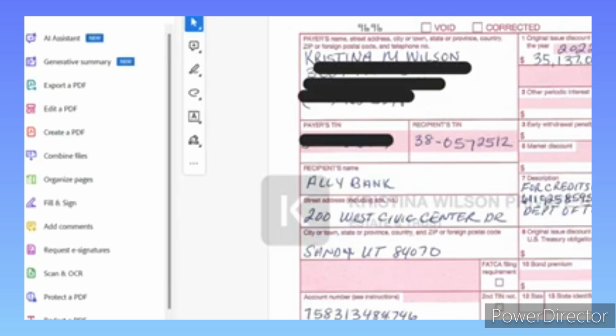This account number down here is random. Okay, let me explain to you why the account number is random. It is a totally random account number. If you read the form, it says that the account number is whatever number the payer came up with to identify the account. Okay, so I just came up with a random number. Originally, I was going to file the 1099 OID online, but the online system auto populates numbers.